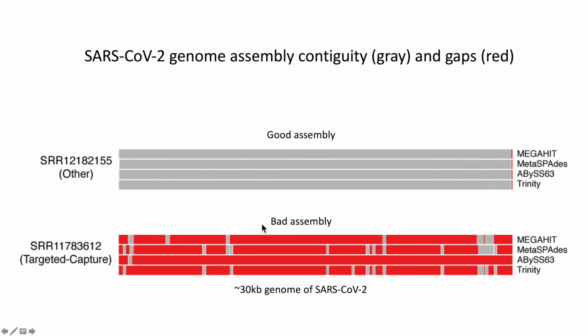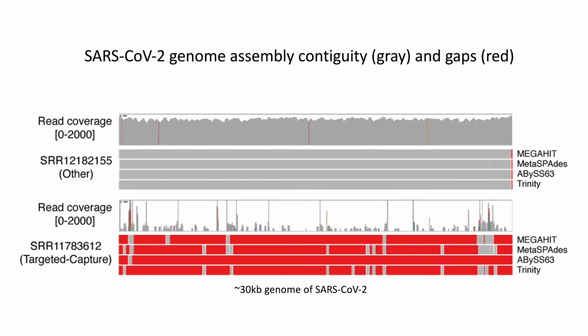Here I am showing an example of a bad assembly, where we can see most of the regions are red, where red means the gaps. These regions are not assembled. So even when we use all 4 tools, none of them were able to construct the entire genome. We investigated more into it, and we showed that for the better assembly, the quality of sequencing was much better.